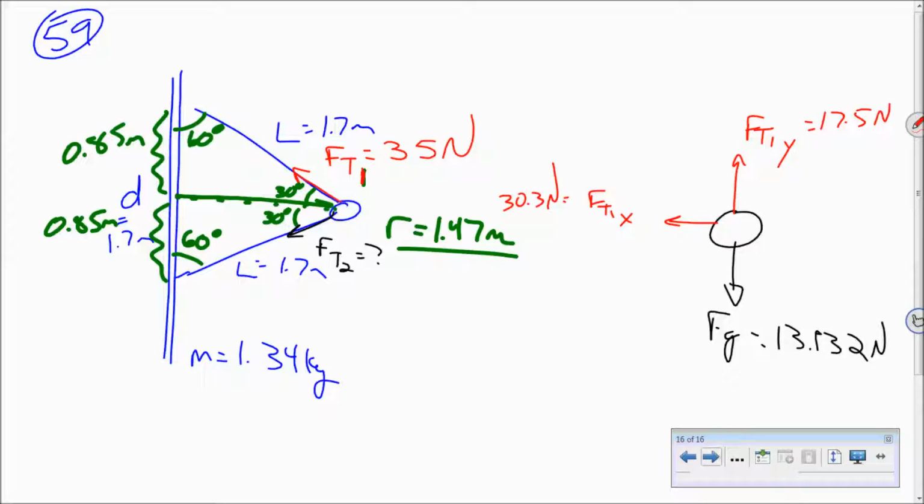Follow? All right, and then finally, this guy is going to have an x component and a y component, right? Force of tension 2 in the x direction, and force of tension 2 in the y direction, right? All right, so that seems good to me. Thoughts? Yeah, Alex, what do you got? Alex K.